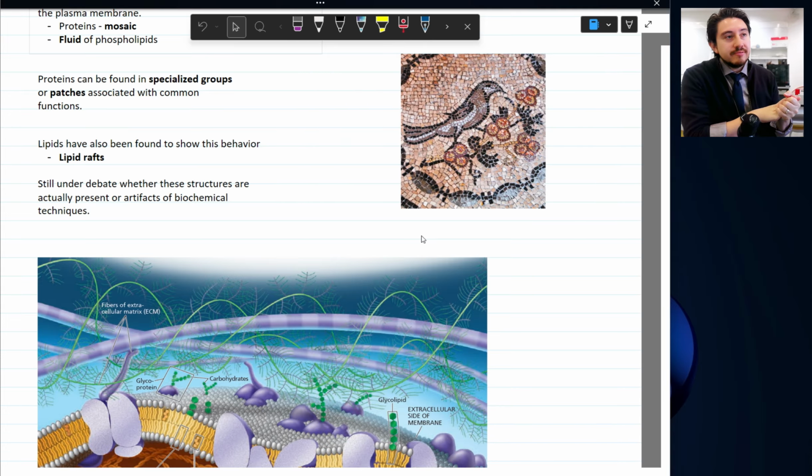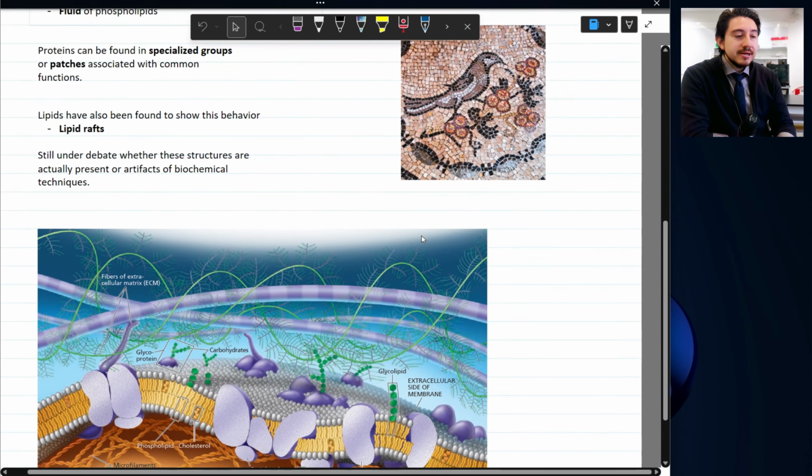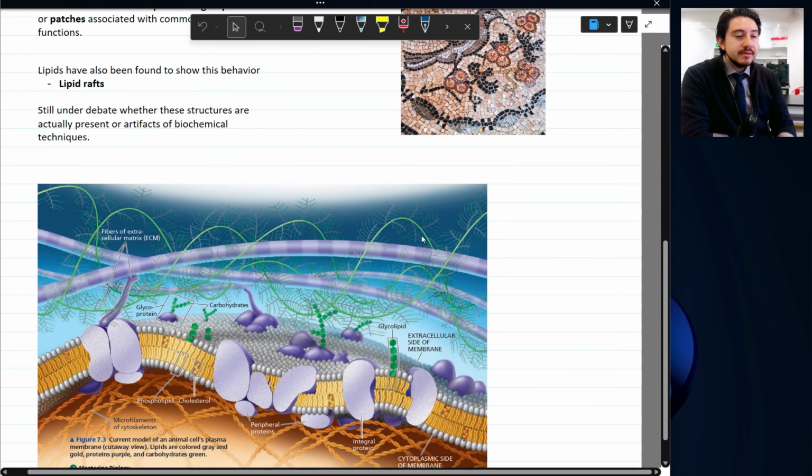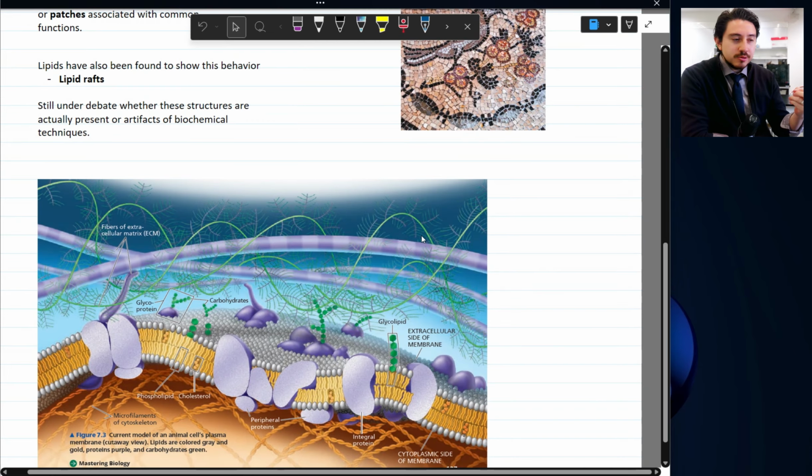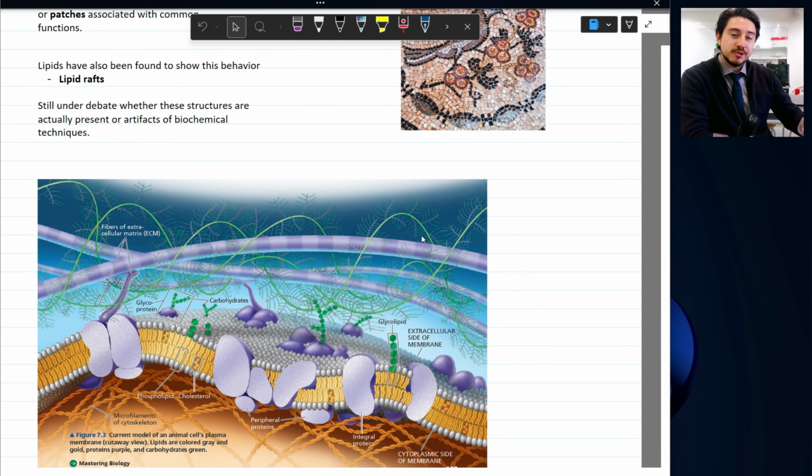It could be for enzyme activity, where the proteins can break down a molecule into a product 1 and then go into a product 2. Enzyme 2 will produce product 2, and so forth, like a relay system. Okay. Lipids have been found to have this behavior also, working in groups or in patches, so much so that they're called lipid rafts.